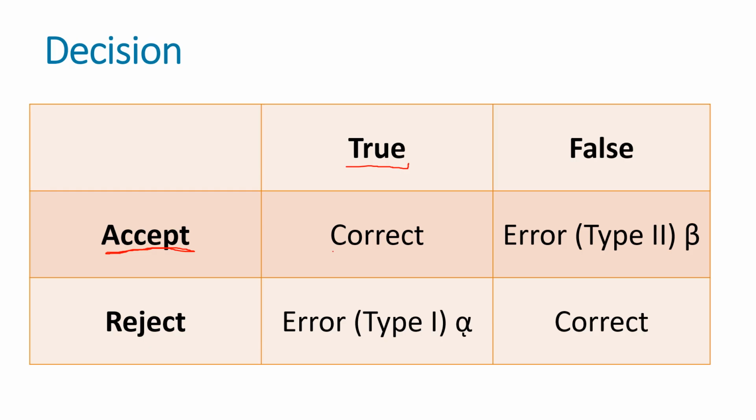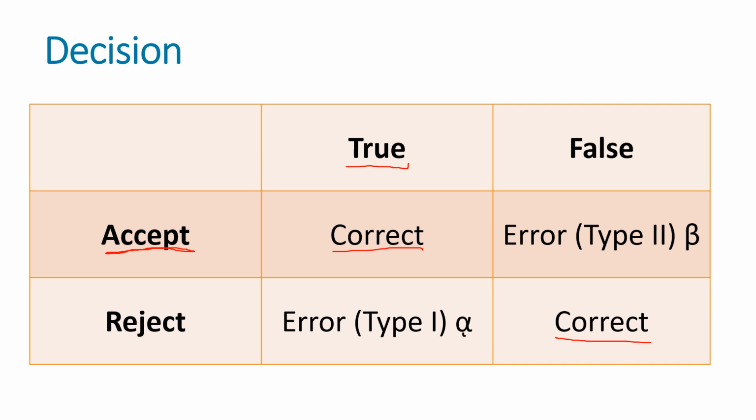This is the correct decision, right? So the correct decision is when the true is accepted. If the false is rejected, this is again a correct decision.